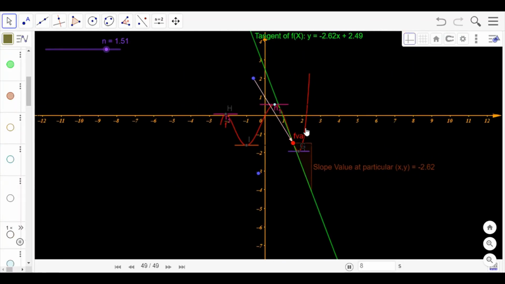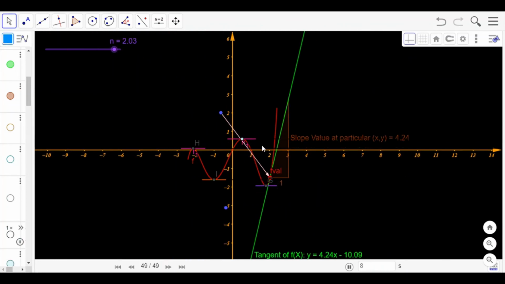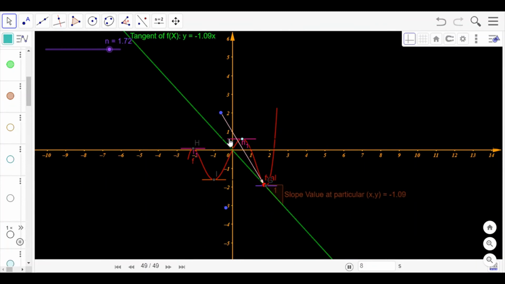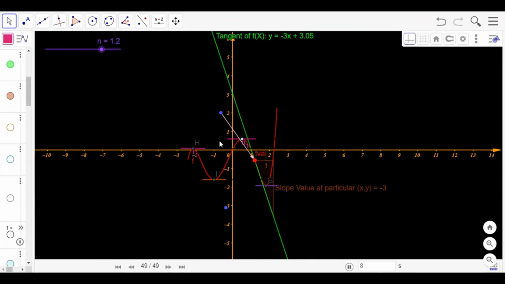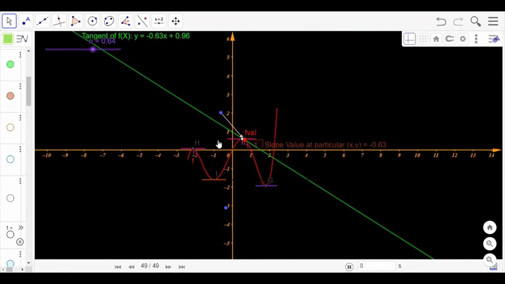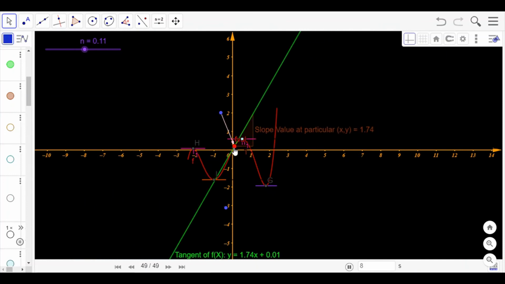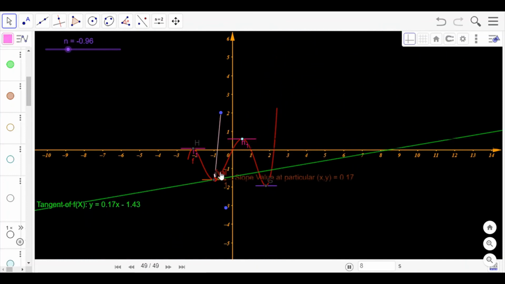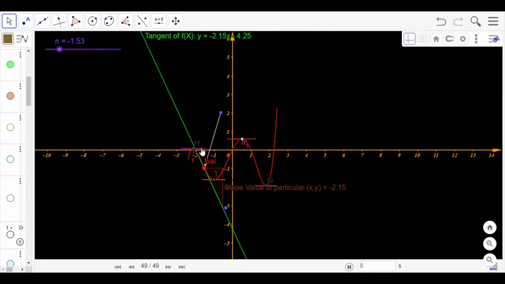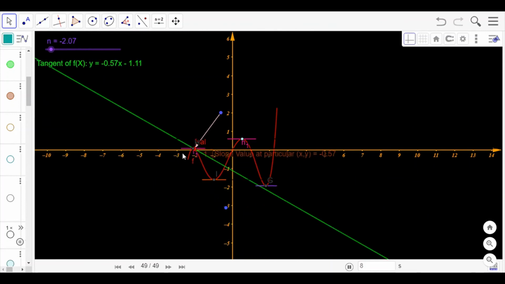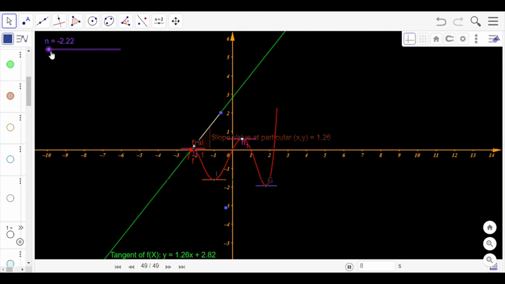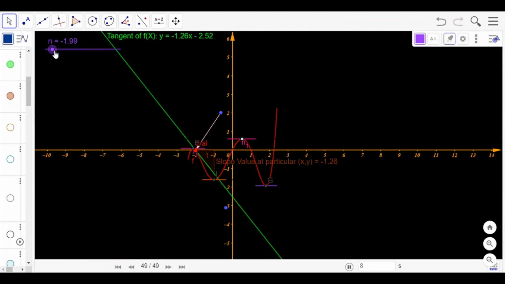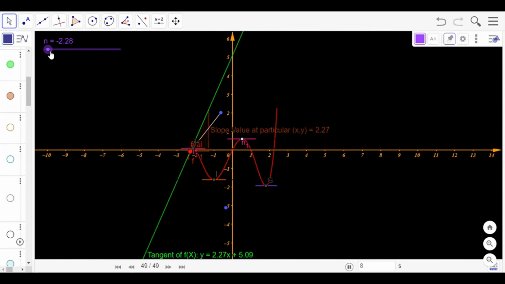So here I have again drawn the same graph where we examined the behavior of local maxima and local minima and the relationship with slope. Now I want to tell you a basic difference between a point of local maxima or minima and a point of inflection. Here you can see that whenever we cross a point of extrema, that is a local maxima or minima, the slope changes its value.